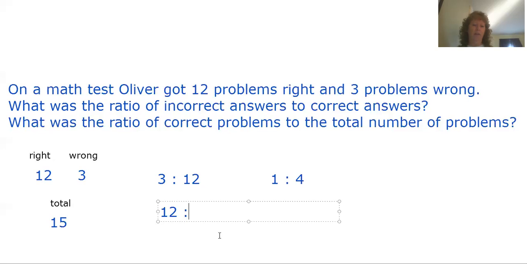So 12 to 15 would be the ratio of correct problems to total problems. And if we reduce that, 3 would go into both of those numbers. 3 into 12 goes 4, and 3 into 15, 5. So 4 to 5 would also be a correct answer.